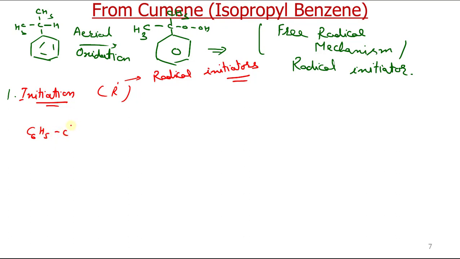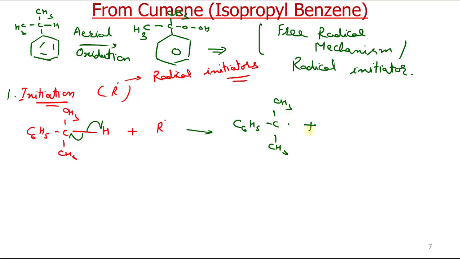C6H5, C, CH3, CH3, this is your H. Upon adding the radical initiator, it undergoes homolytic cleavage, and we represent it by a half arrow. So we get C6H5, CH3, CH3 radical here, plus RH.